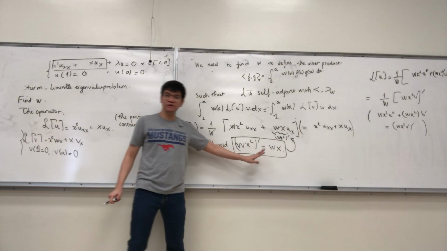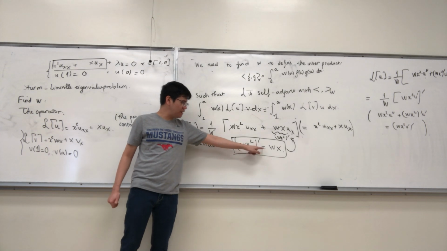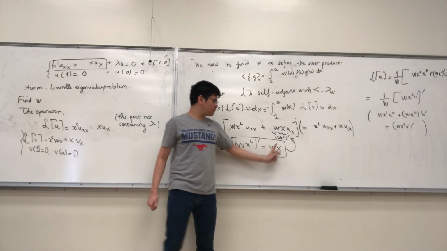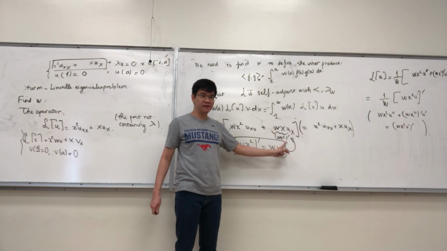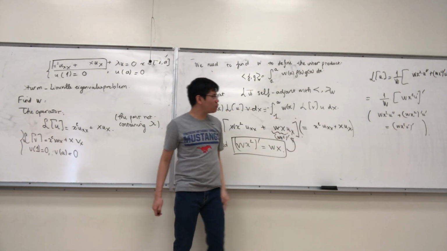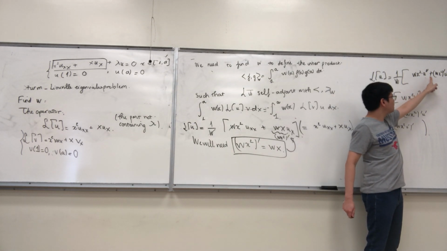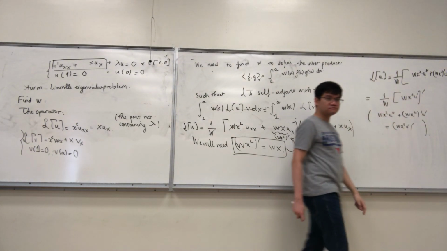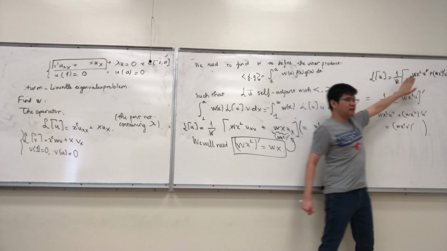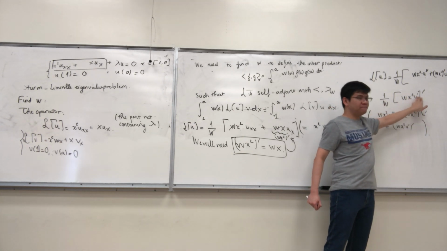Because if you have this relation, wx squared prime is wx, you're going to replace the wx by wx squared prime. Now, because you have wx squared prime here, I'm going to have wx squared u second plus wx squared prime u prime. This can be written like wx squared u prime prime.